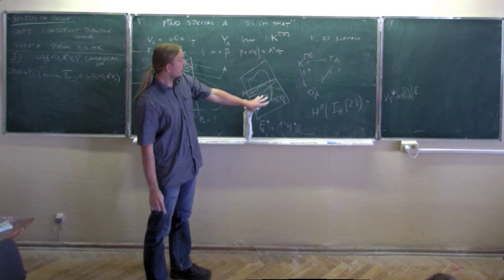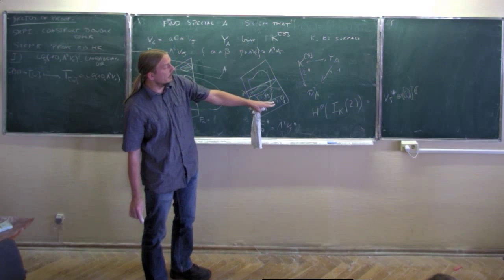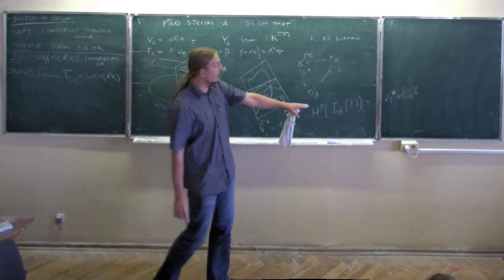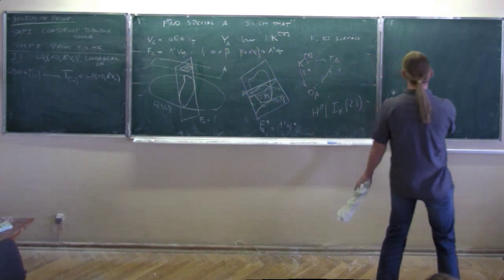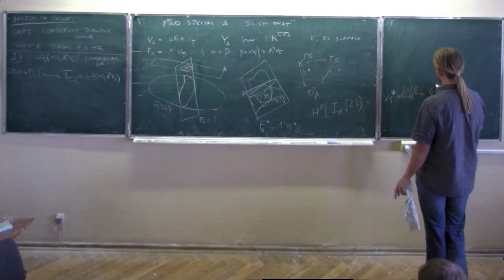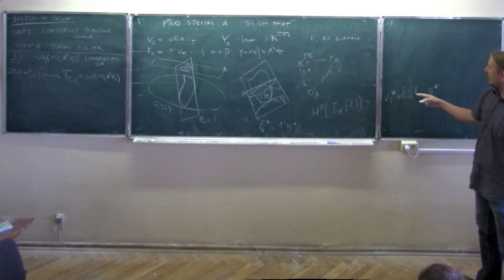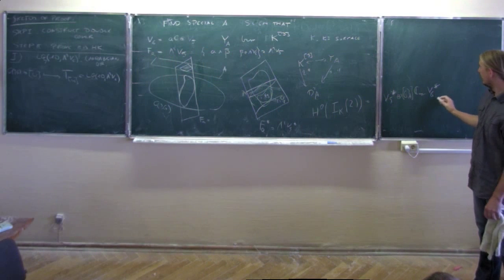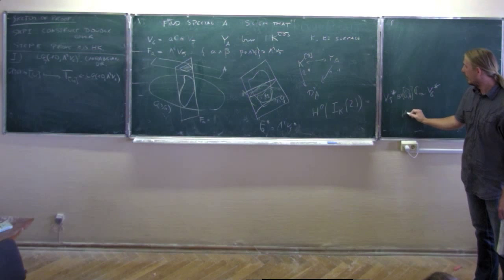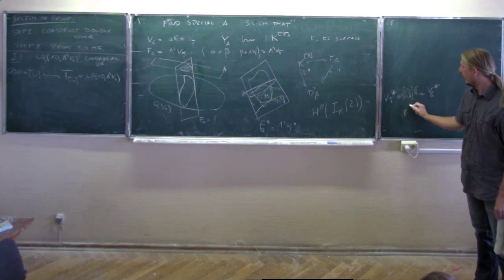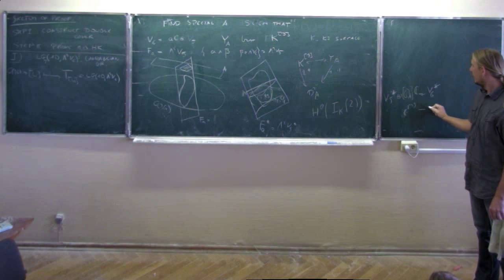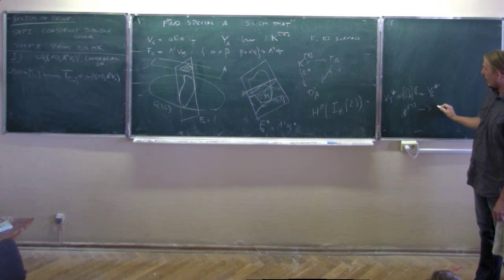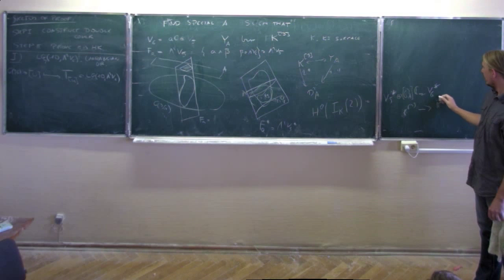It's a codimension 3 space in the space of all quadrics, so a codimension 3 space in V6 dual. So we get a map from the Hilbert scheme to the Grassmannian G3 V6.